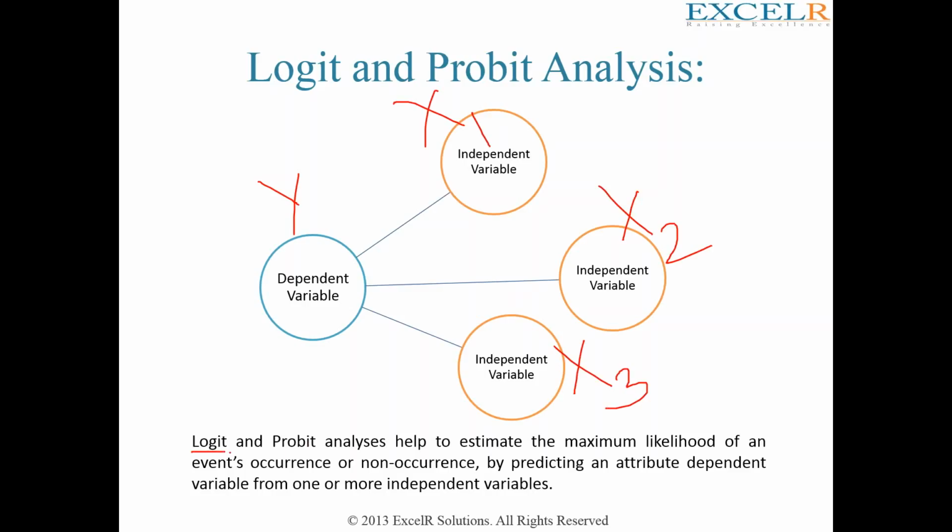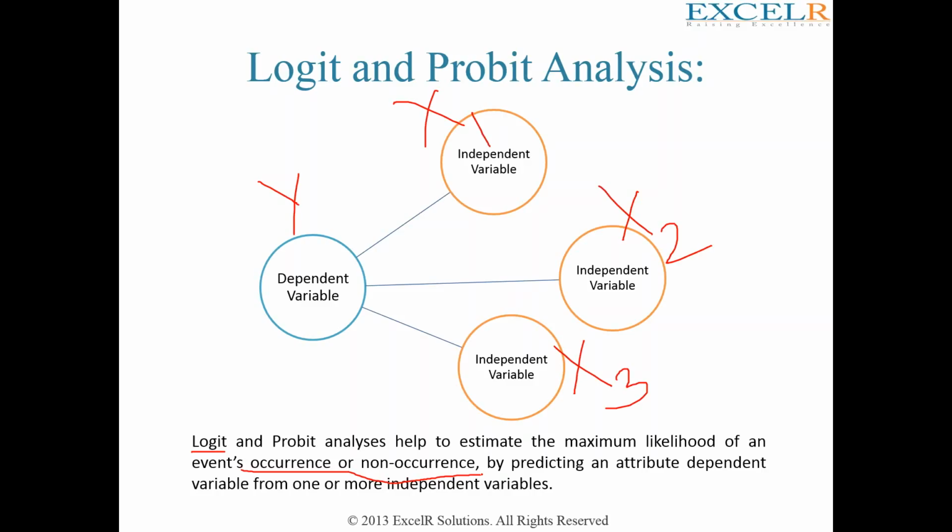So your logit and probit analysis helps to estimate the maximum likelihood of an event occurrence or non-occurrence. Is an event going to occur or not? Will there be a defect or not?